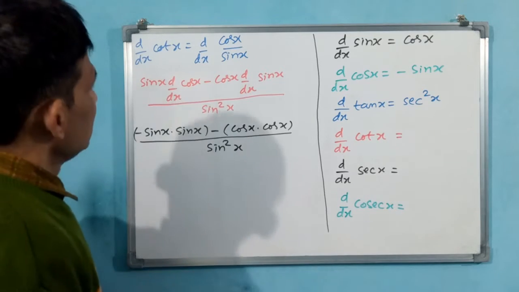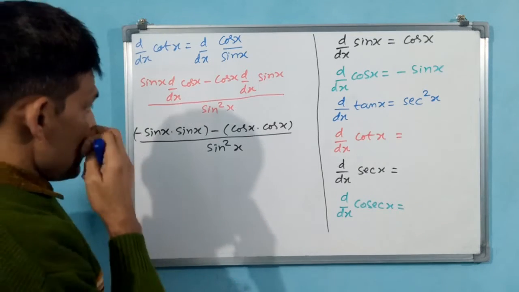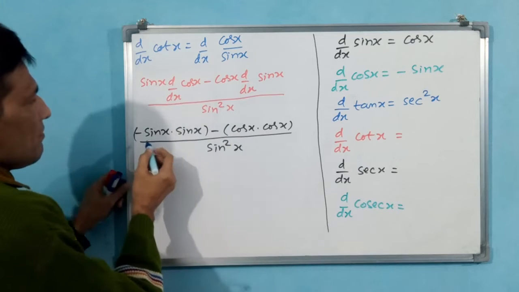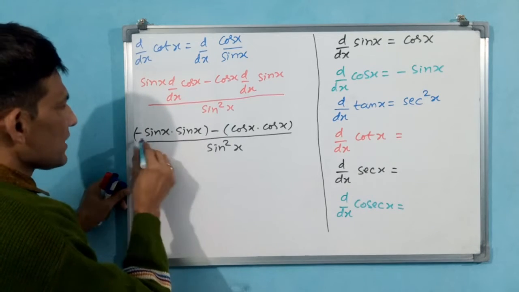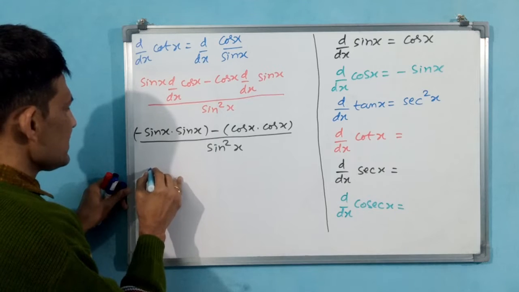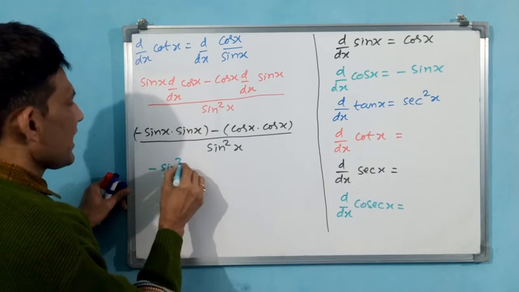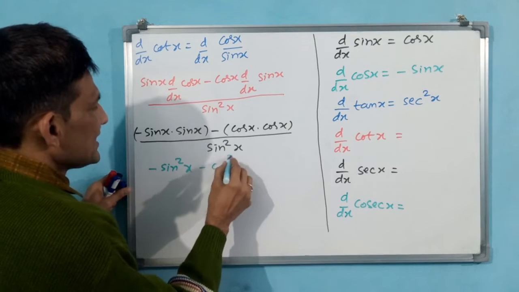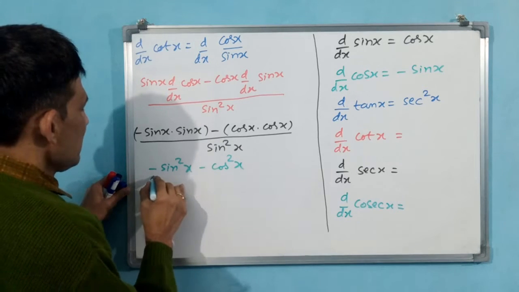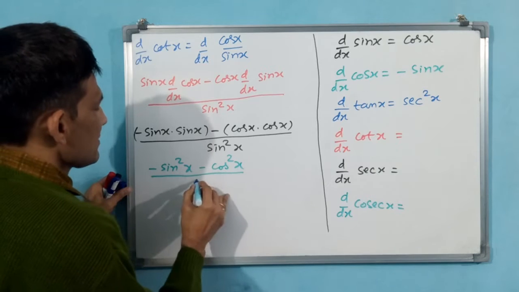See, minus sin x into sin x, but minus is there, that is why you can write this as minus sin square x, minus cos square x, all divided by sin square x.